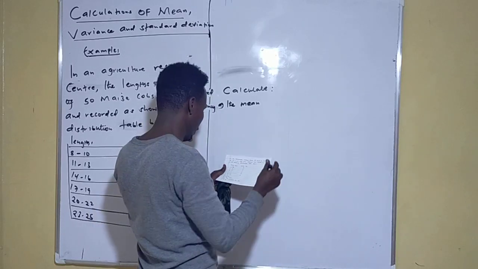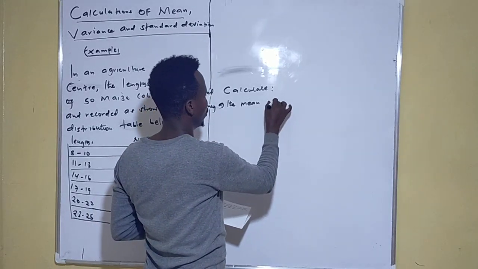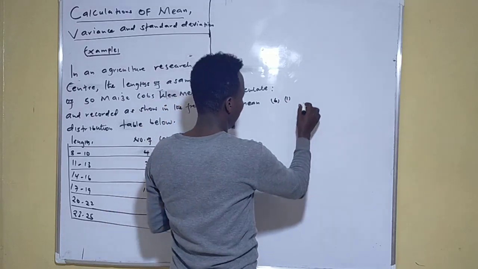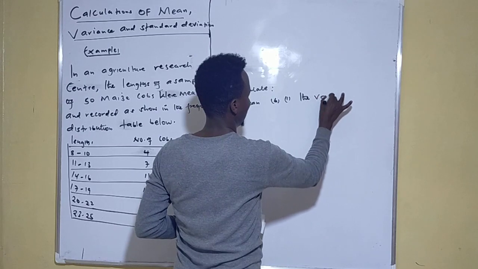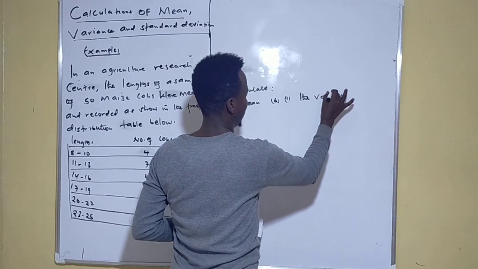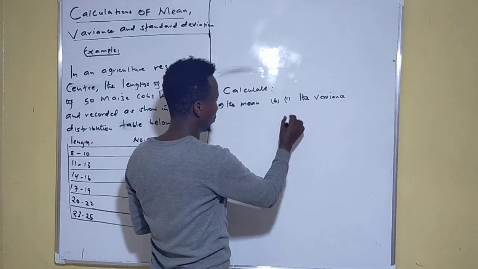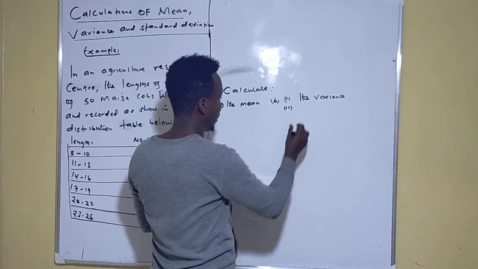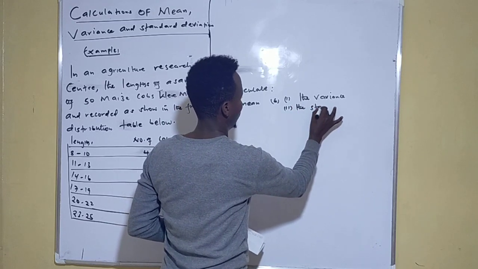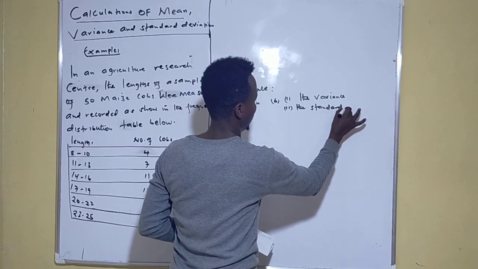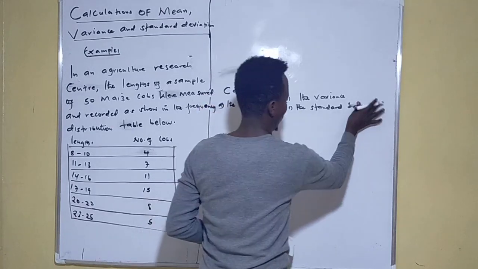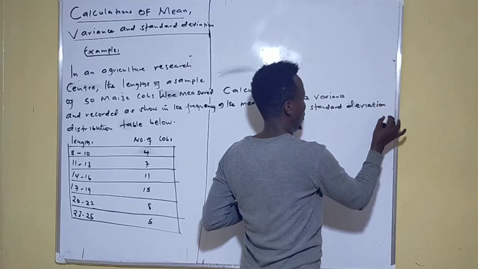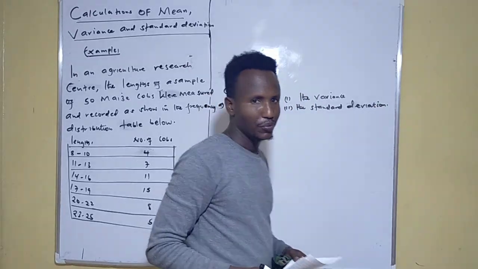Then we have question B. We have B, Roman 1, the variance. Then from Roman 2 we have the standard deviation. The standard deviation. That's one.